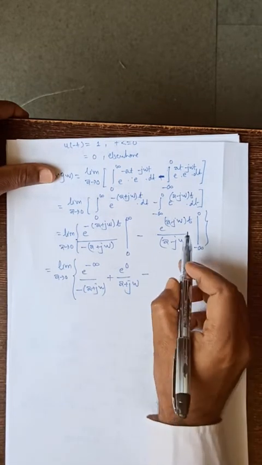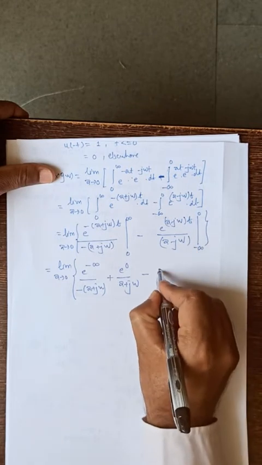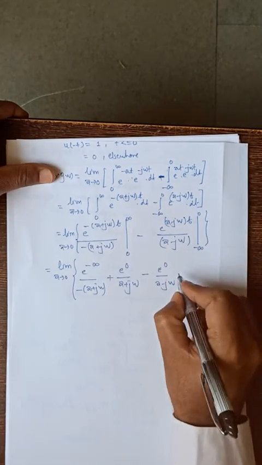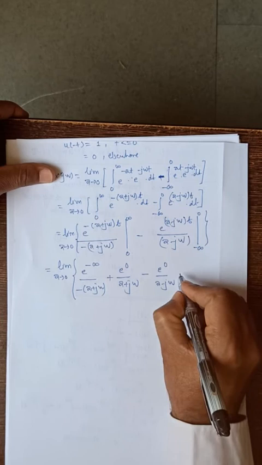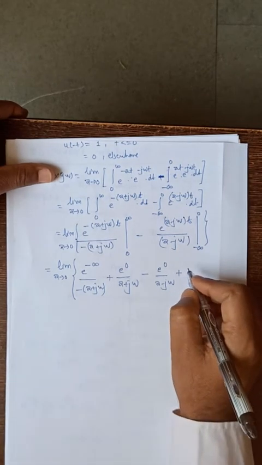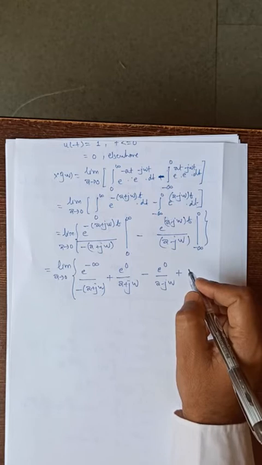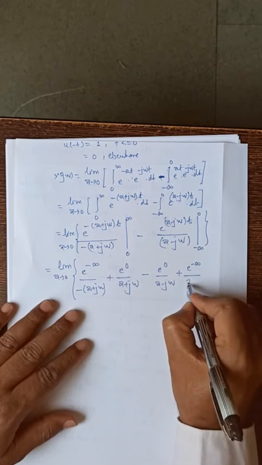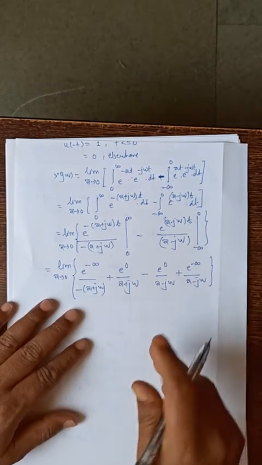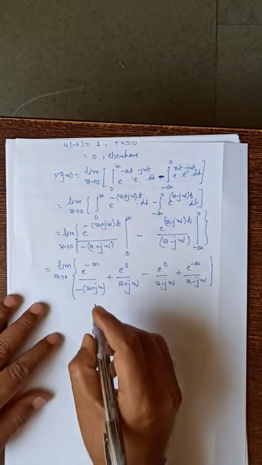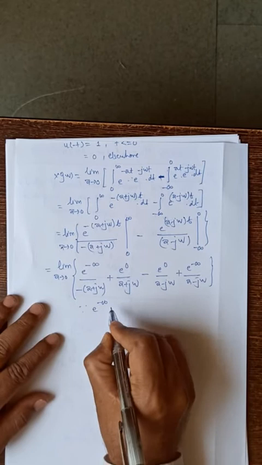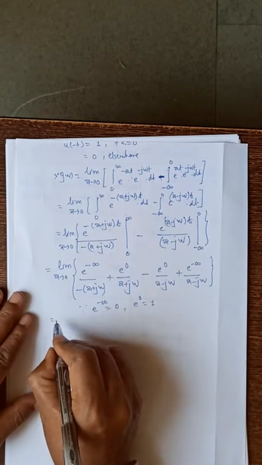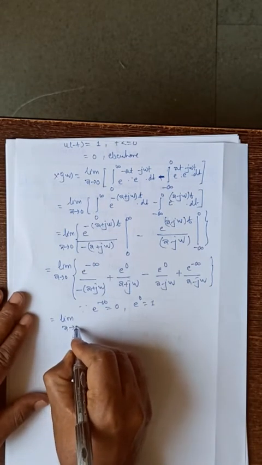Minus sign as it is, put the upper limit 0, e raised to 0 divided by a minus j omega, so minus minus becomes plus, the lower limit e raised to minus infinity divided by a minus j omega, bracket complete. As we know, e raised to minus infinity is equal to 0 and e raised to 0 is equal to 1, so it reduces to limit as a tends to 0.